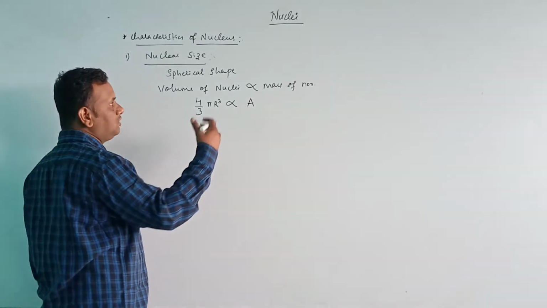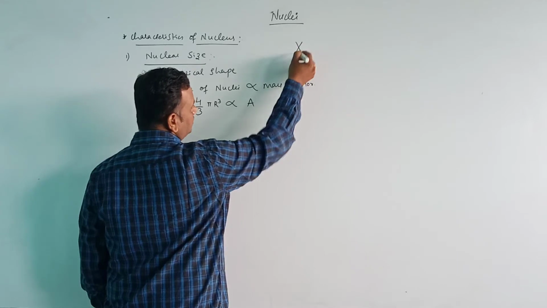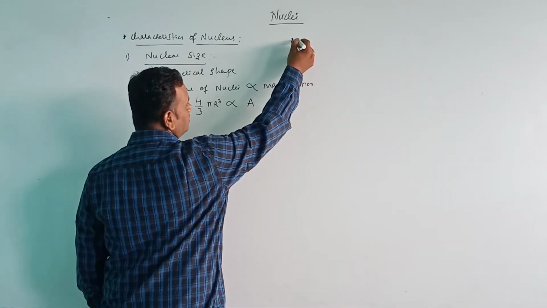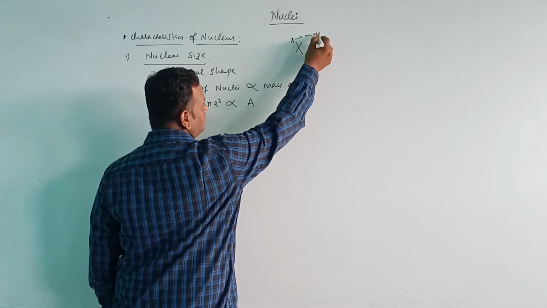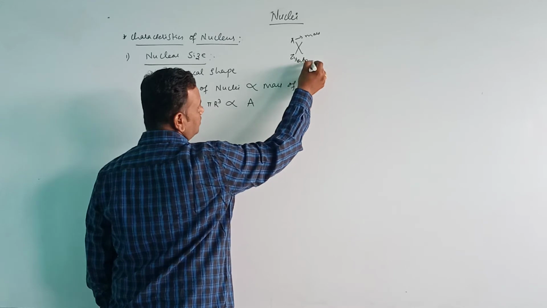As we discussed in yesterday's class, if X is the element, then A indicates the mass number and Z indicates the atomic number.